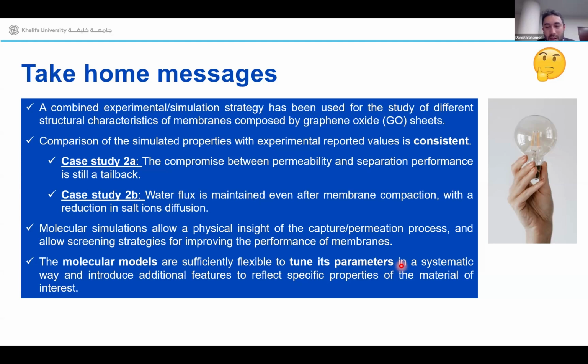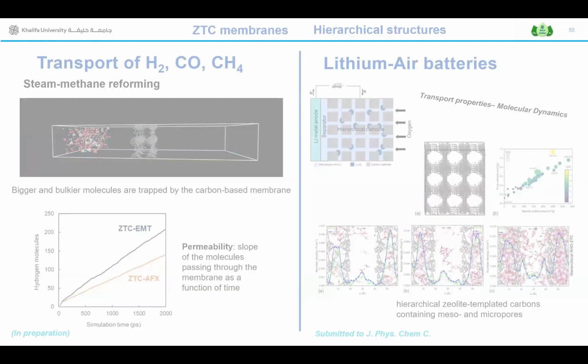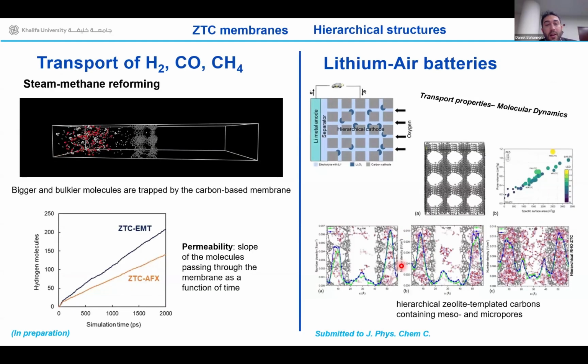You can do it in a systematic way to reflect the specific properties of the system you might have experimentally. And with this, you can try to understand what is happening and also go a little bit further and improve the performance of what you have so far experimentally, or of the materials that are showing the best performance so far.